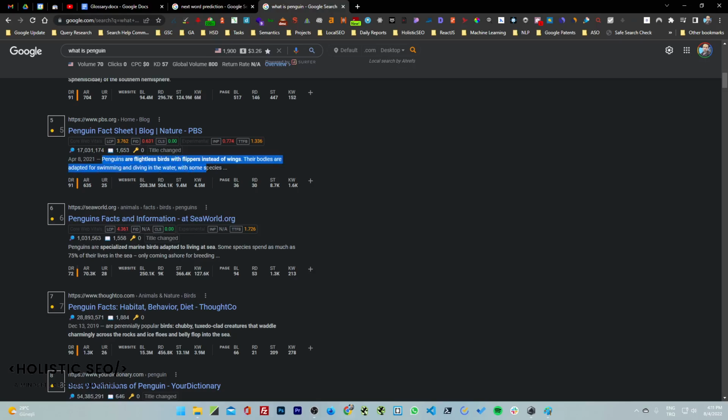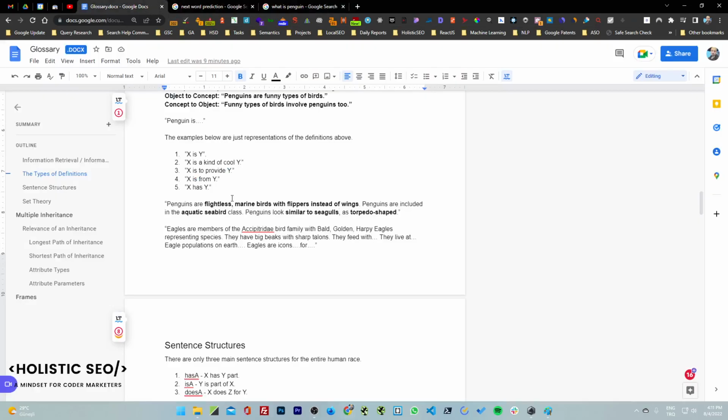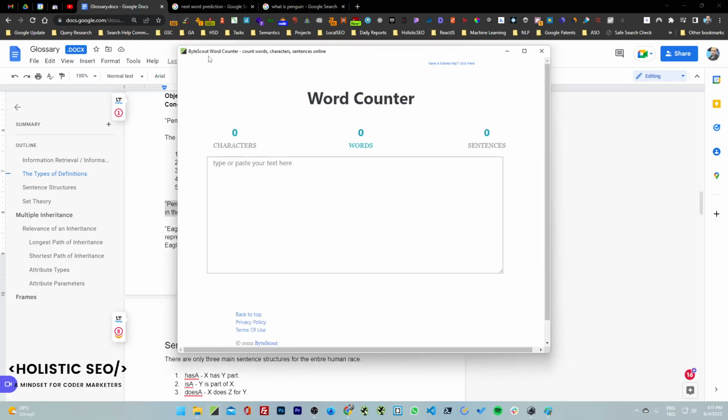If you use 20 words in your definition, try to make at least maybe 15 of them contextual and specific to that topic. When you take this definition, I use this word counter, ByteScout word counter, for instance, and this tool tells me that I have used 25 words in 3 sentences, which is good.